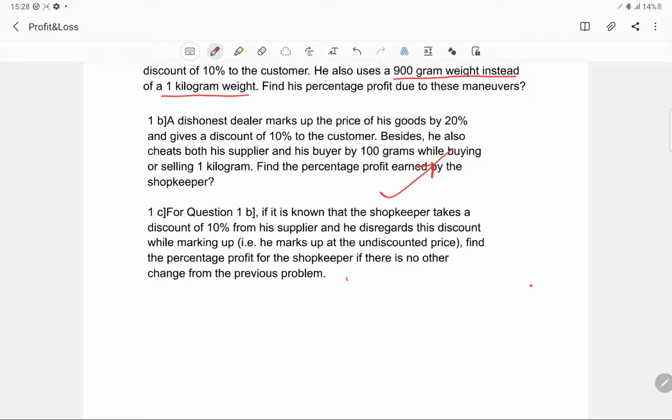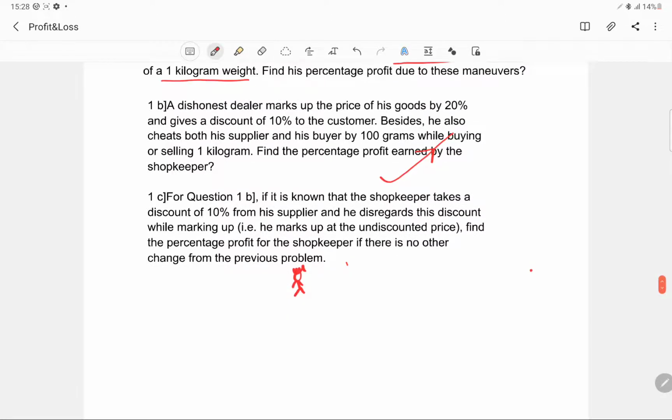He cheats both his supplier and his buyer by 100 grams while buying or selling 1 kilogram. Okay, so let's say he is the dishonest one. He first of all went to the market and tried buying something. So he cheated by 100.